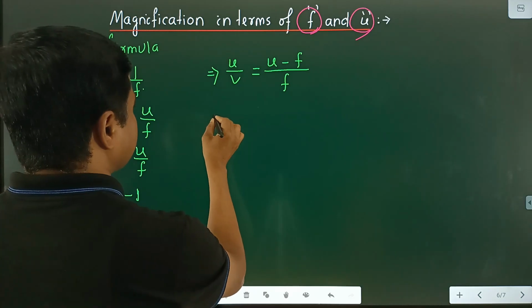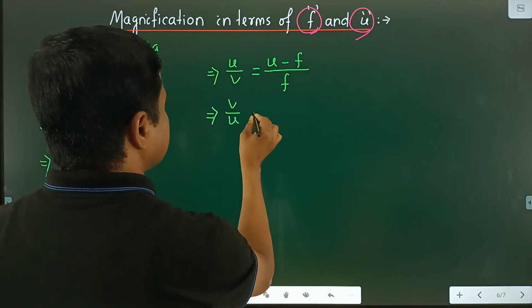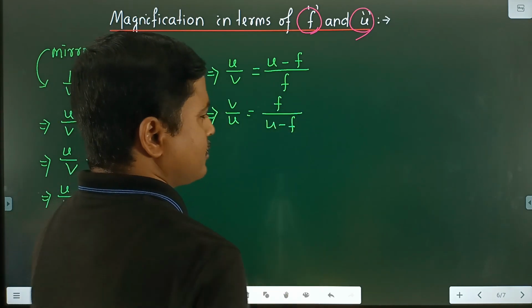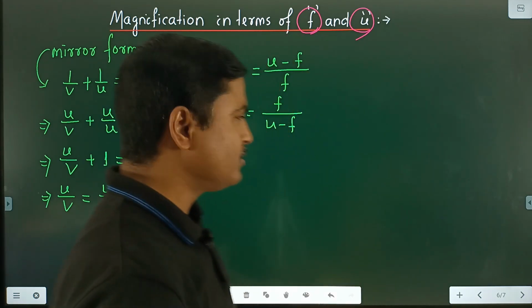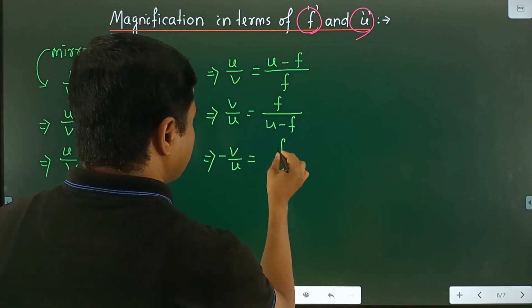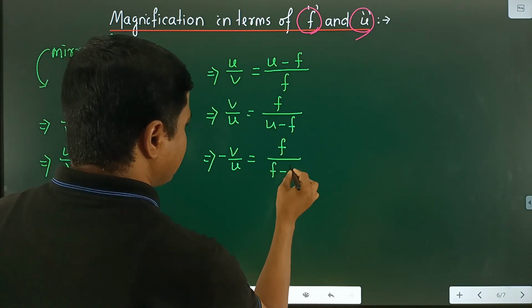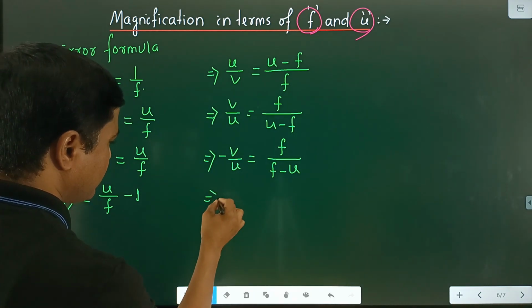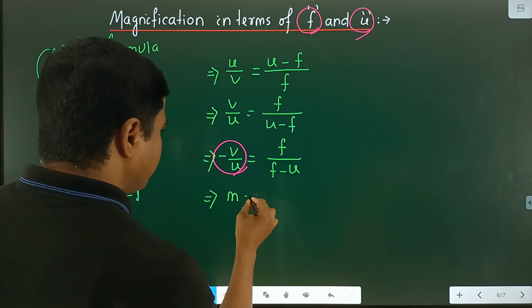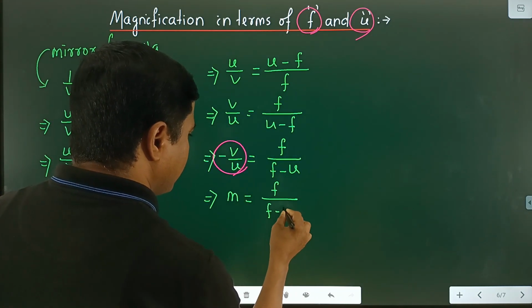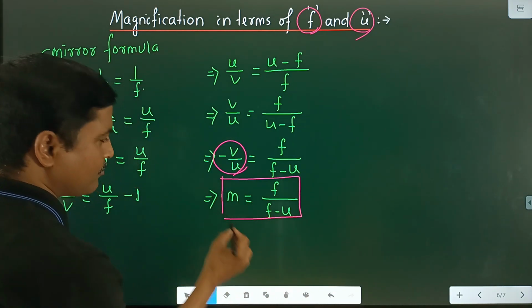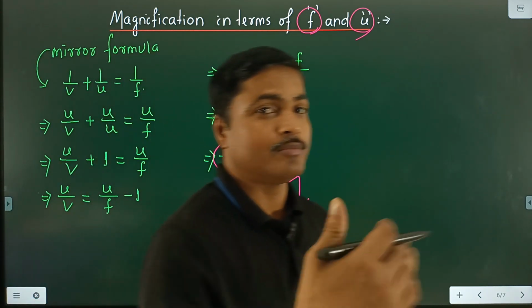That implies, what is V by U? We write V by U is equal to, we take F to the upper side, F divided by U minus F. But the expression for magnification is minus V by U, so on the left hand side we write minus V by U is equal to, on the right hand side in place of U minus F we write F minus U, and in place of minus V by U we write the magnification M is equal to F divided by F minus U, and this is another expression of linear magnification, but in terms of focal length and object distance.